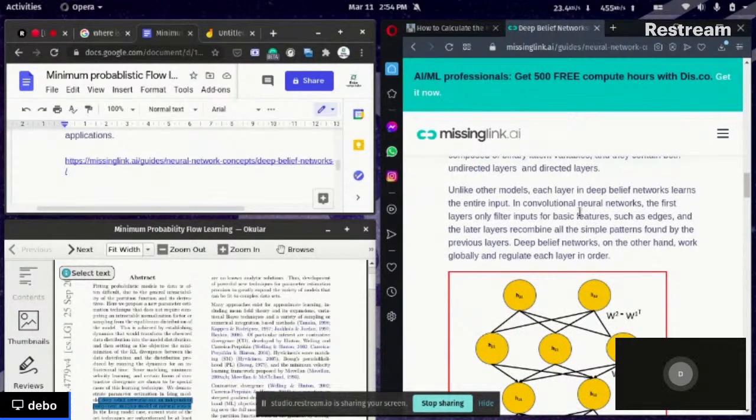Okay, they differ from other models. Here, each layer in the deep belief network learns from the entire input. So basically the difference from convolutional neural networks is that in those, the first layer only filters inputs for basic features such as edges, and later layers recombine all the simple patterns found by the previous layer.